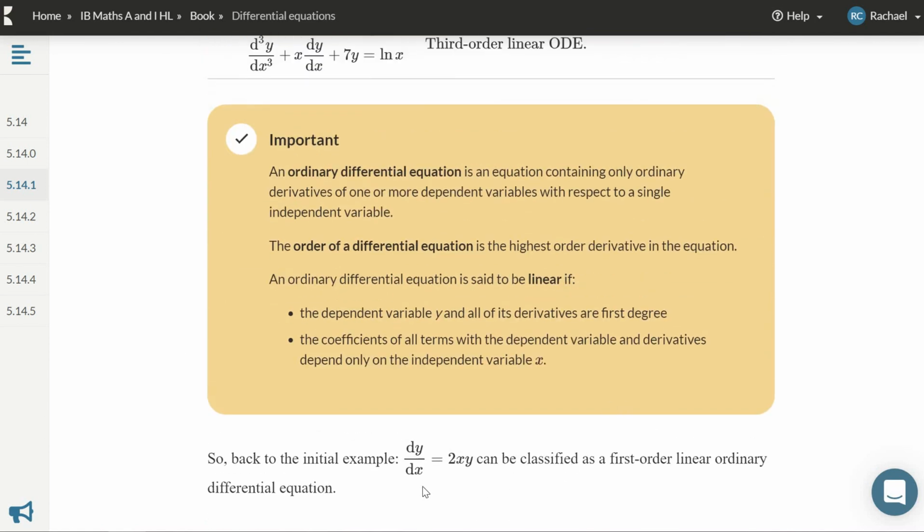So back to the initial example, this would be classified as a first order linear ordinary differential equation, because the coefficient of all terms with the dependent variable and derivatives depend only on the independent variable x.